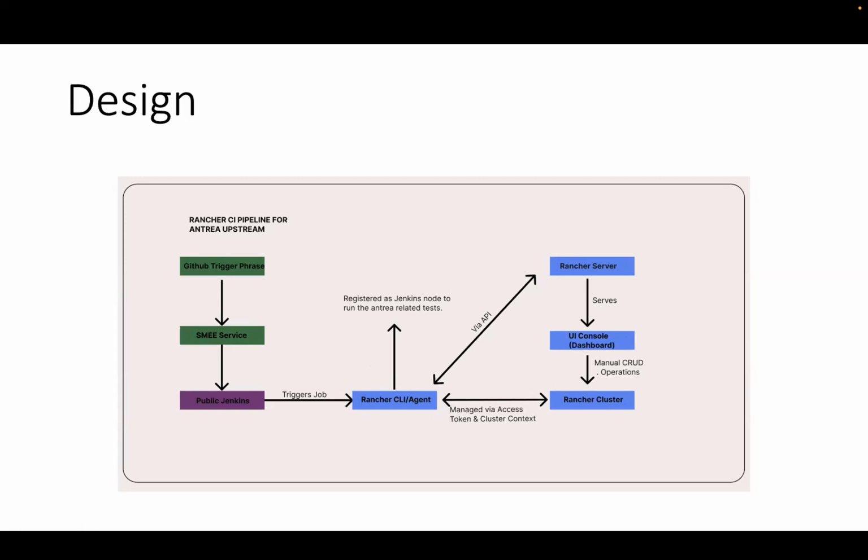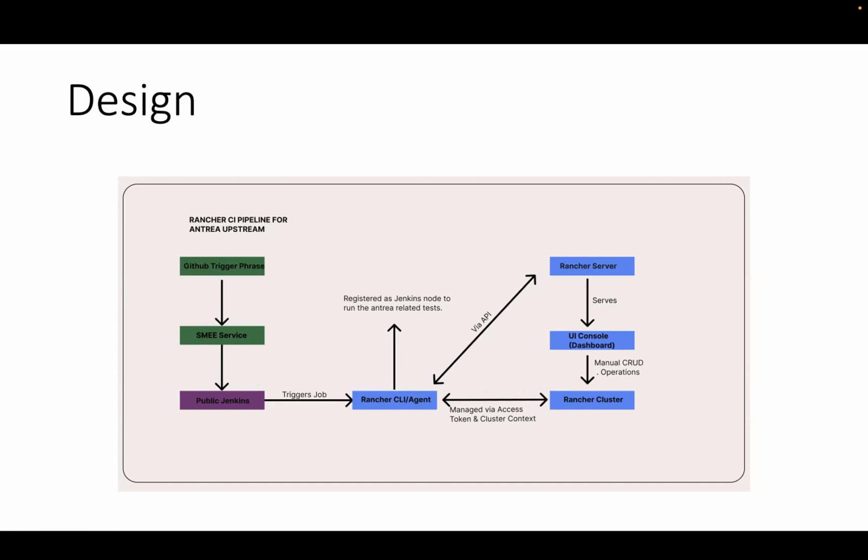Creation, deletion, updation, and even fetching the data are manual operations from the UI. Though we can have a few CLI commands to fetch the kubeconfig files and to get the list of the nodes and the pods running on the Rancher cluster with the help of the Rancher CLI commands. So this is the design for this Rancher CI pipeline.